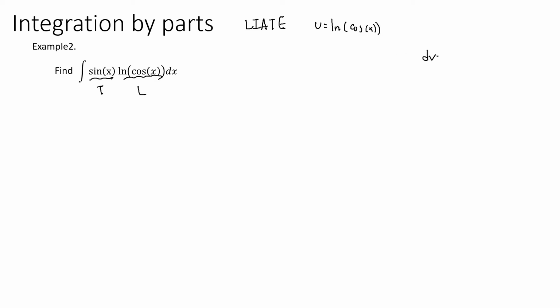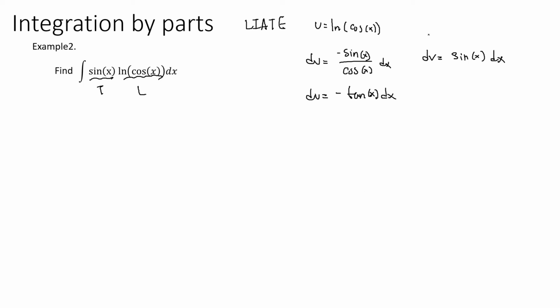And your dv is equal to sine of x dx. So we could say our du is equal to negative sine of x over cosine of x dx, which is also known as negative tangent of x.